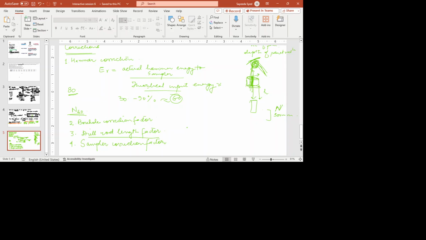This is for the length of the drill rod that is attached to the sampler. This is for the diameter of the bore hole.